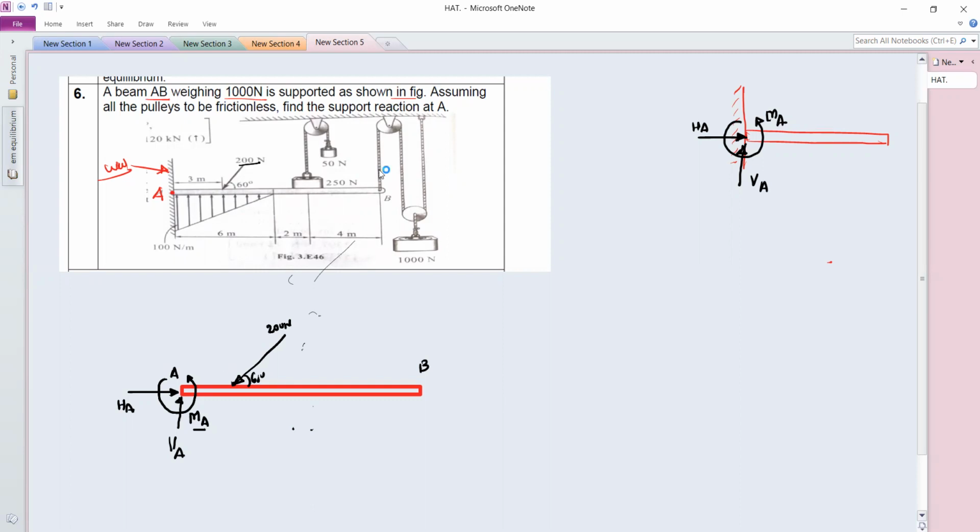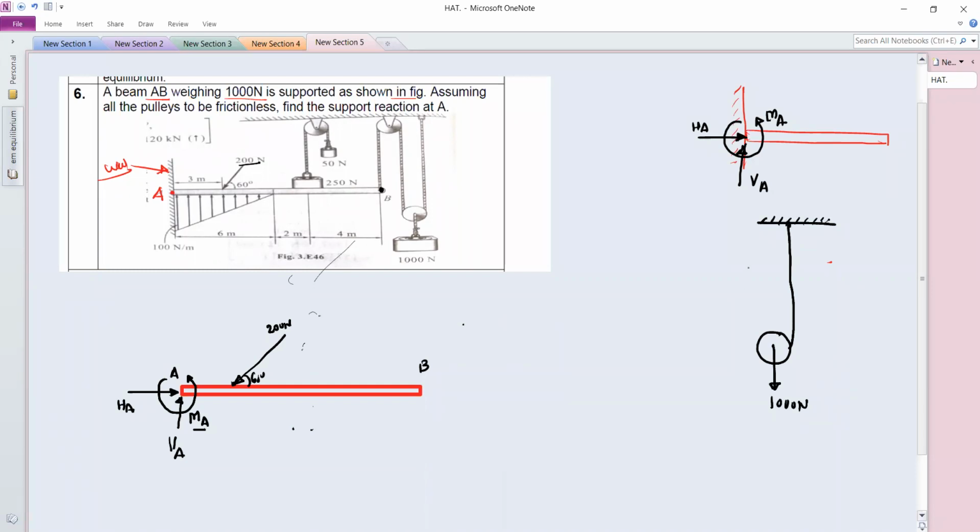After that, there is one pulley arrangement given, which is connected at point B. Okay. So that arrangement is like this. This is the pulley, and there is one weight. So I will just show the vector for 1000 Newton. And this is the rope which is passing over that pulley, and the rope is fixed at this point.